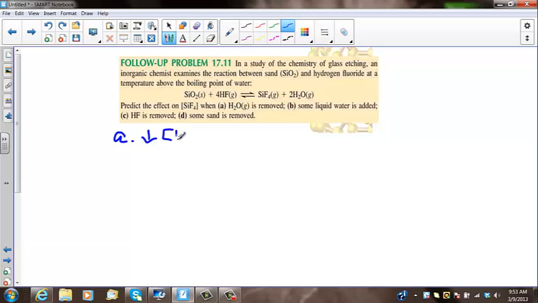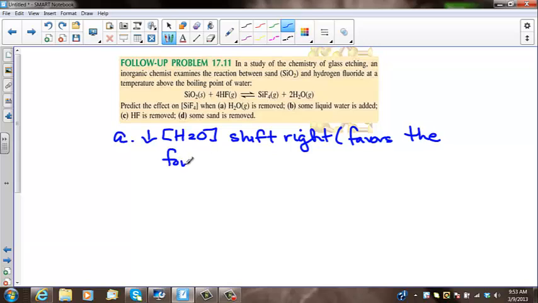Decrease the concentration of H2O, then my shift is going to be toward the decrease, so it's going to shift right, which means it favors the forward reaction, and the concentration of SiF4 will increase.